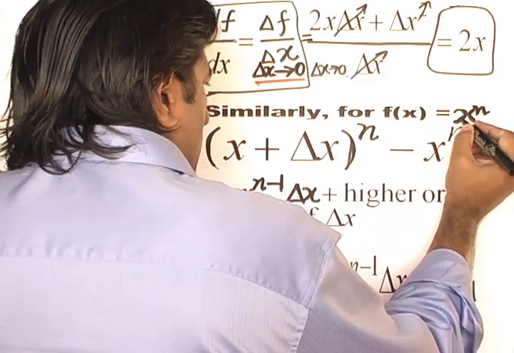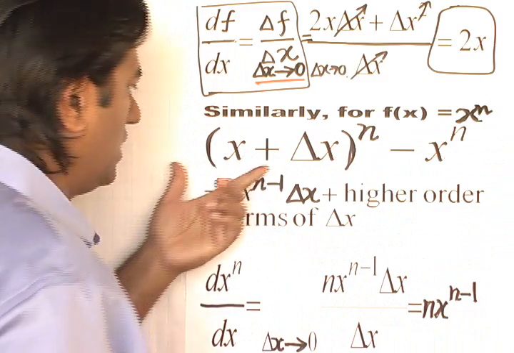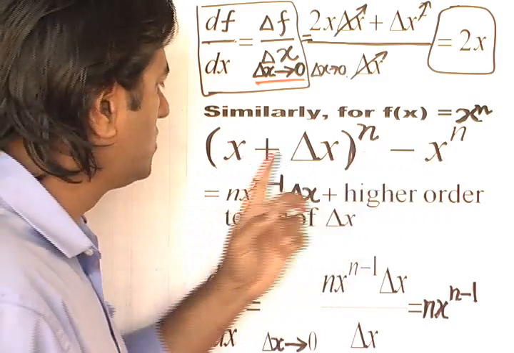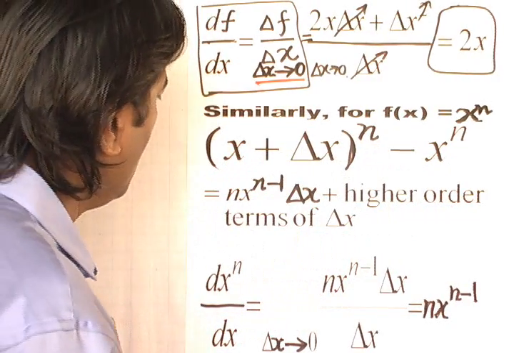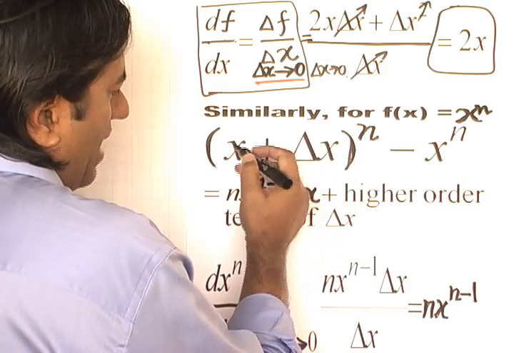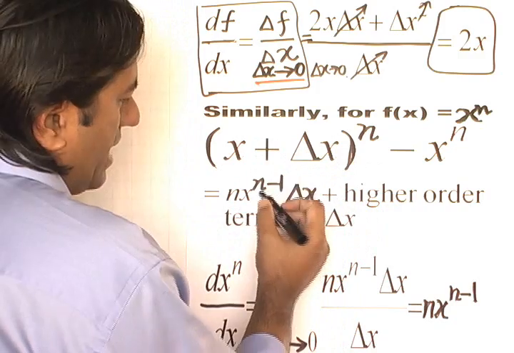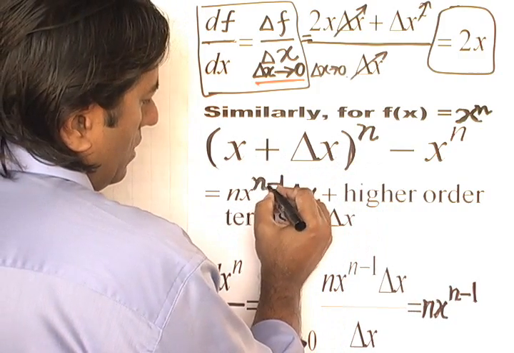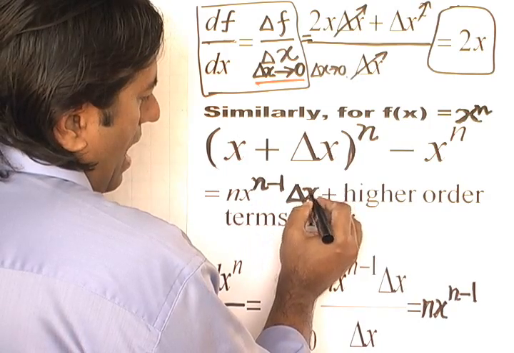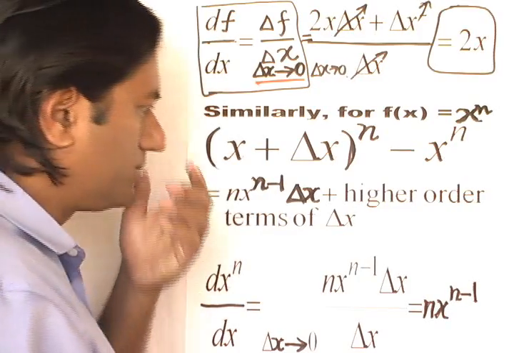And the binomial for x to the power n, when you have the independent variable changing from x to x plus delta x, the binomial expansion of this would give x^n plus the second term would be n x to the power n minus 1 into delta x, and then there would be higher order terms of delta x.